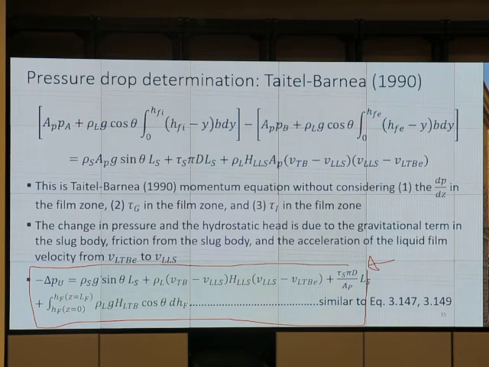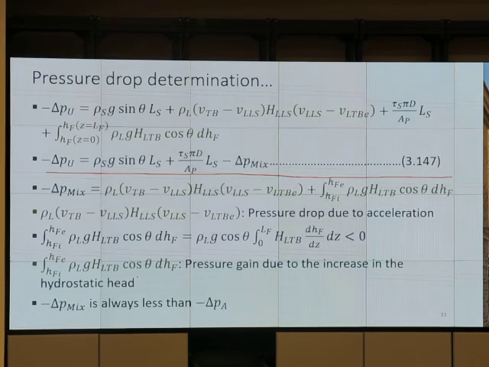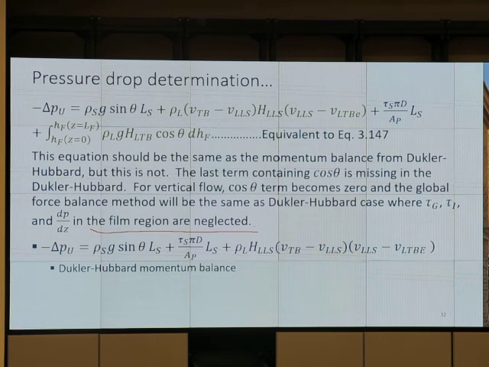Let me remind you again, we derive this equation from the case where we neglect tau G, tau I, and the frictional pressure loss in the film zone. So that's why we have LS, and this term is the acceleration term, or that is double Hubbard.